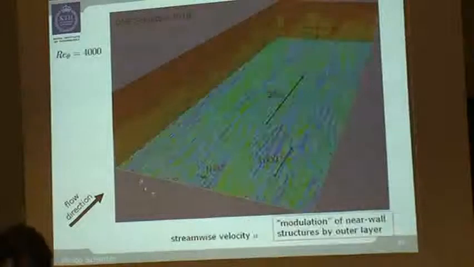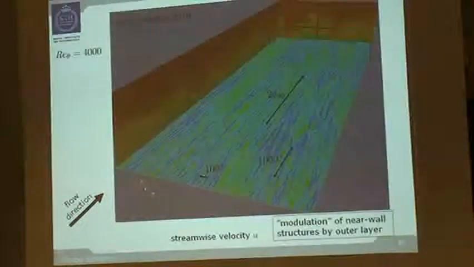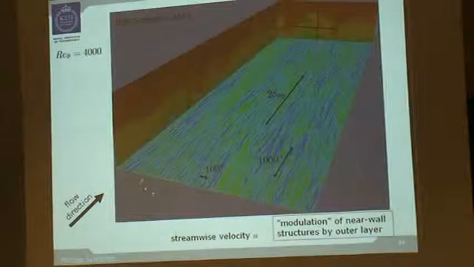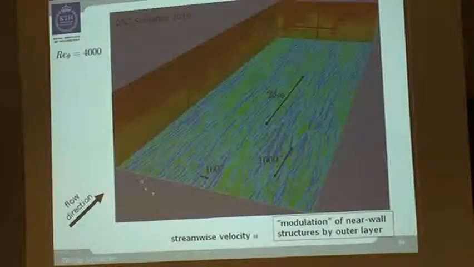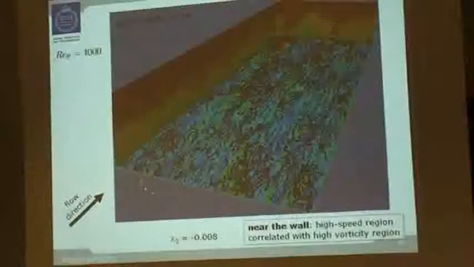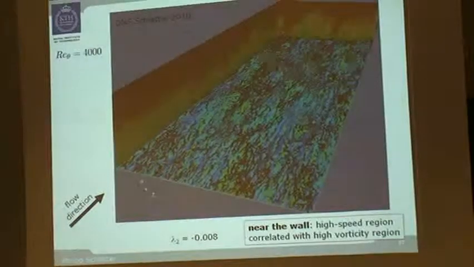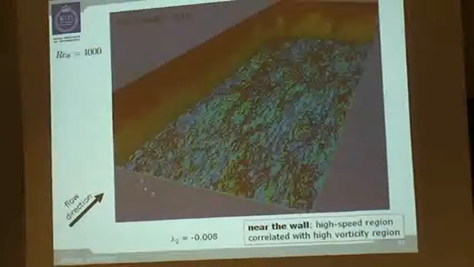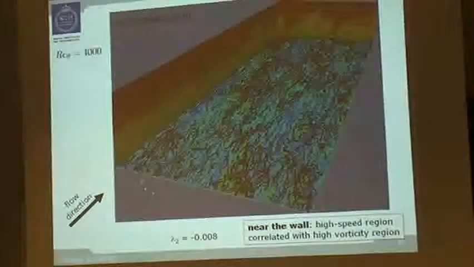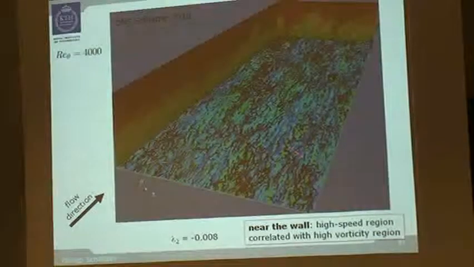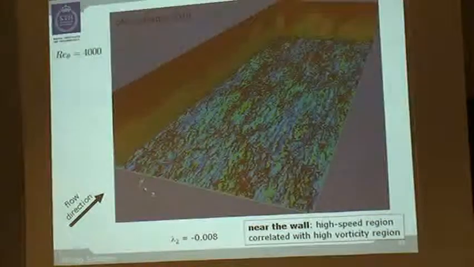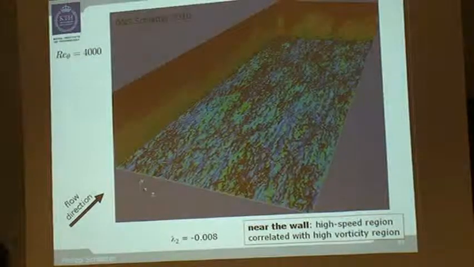Now, so this was just based on velocity. Of course, the next question is, can we look at how vortical structures in such a boundary layer actually look like? And this we can do in numerical simulations because we have the whole velocity field available, so we can just go in and visualize vortex cores. Here we have done it by means of the lambda-2 technique. So here we just visualize the vortices close to the wall.